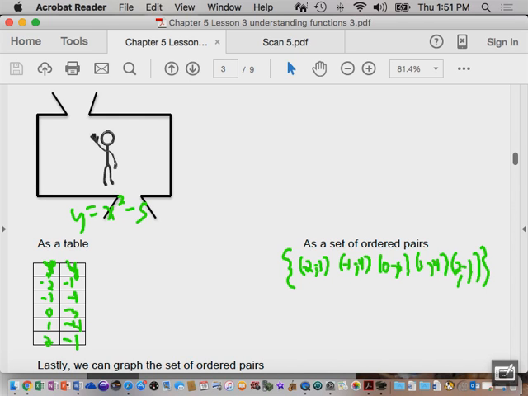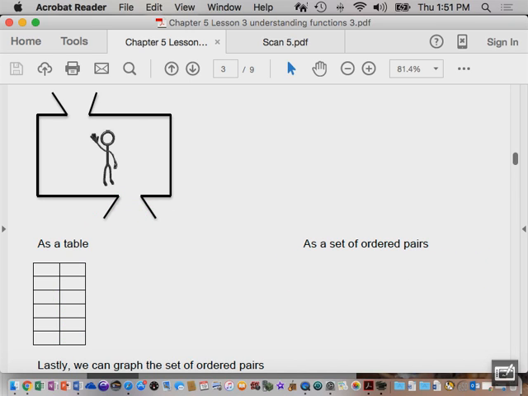Okay, there's my set of ordered pairs listed across the board. Any questions? No. All right. We will keep exploring functions every single day until we get to our test next week.